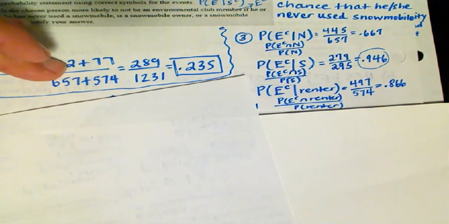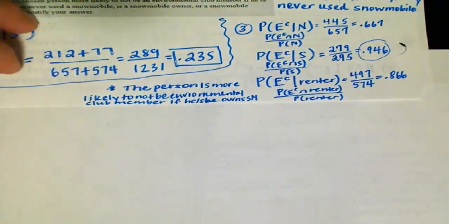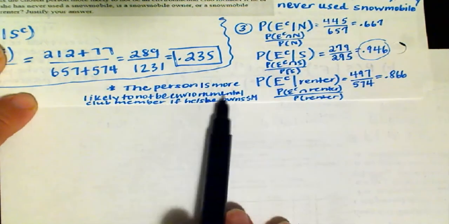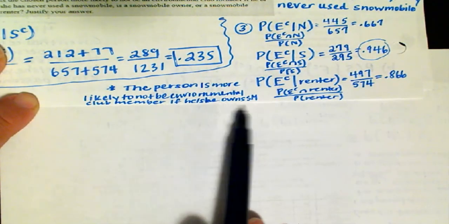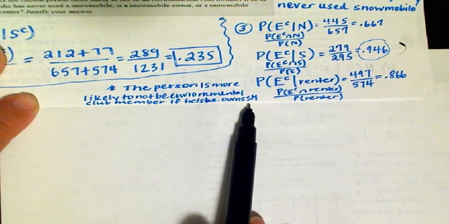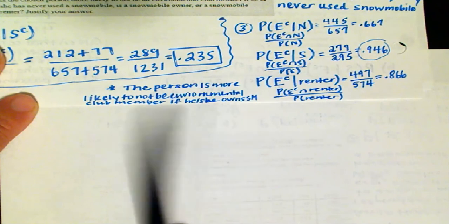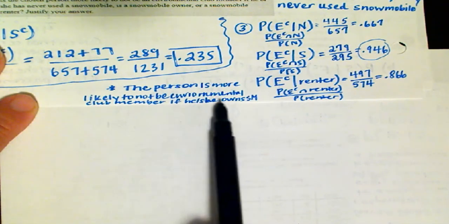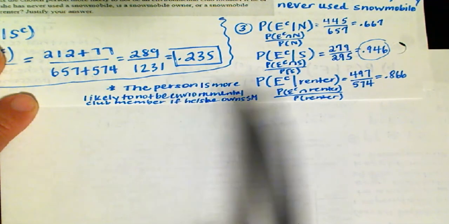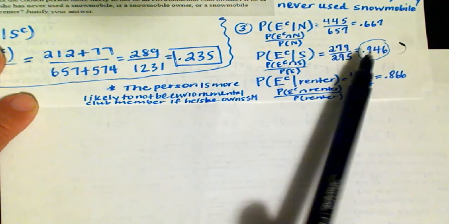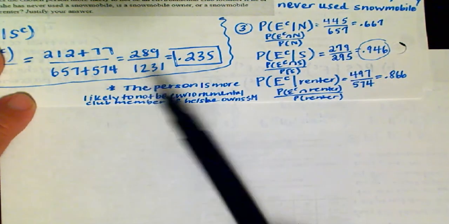So we justified our answer, but the final answer is the person is more likely to not be an environmental club member if he or she owns a snowmobile, which makes sense. Okay. The person is more likely not to be an environmental club member if she or he owns a snowmobile. So there's our highest probability.